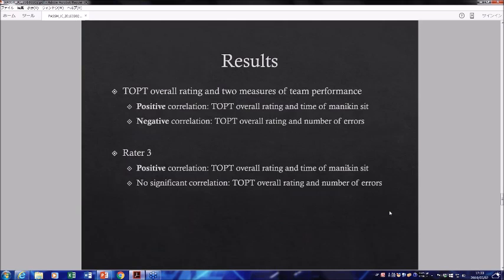As for rater 3, as I introduced before, he didn't use TBMs. The research showed a positive correlation between the TPOT overall rating and time of mannequin sit, and no significant correlation between the TPOT overall rating and number of errors.